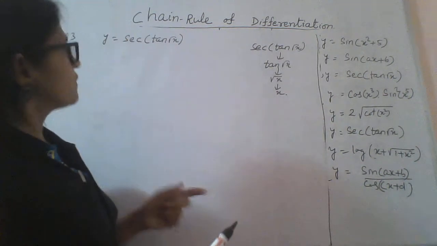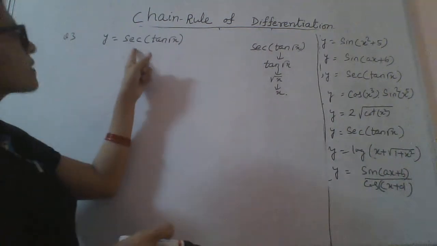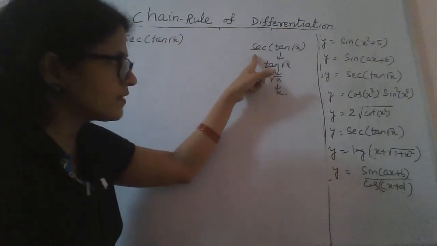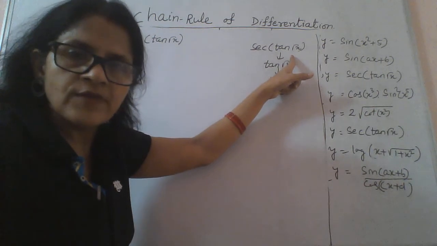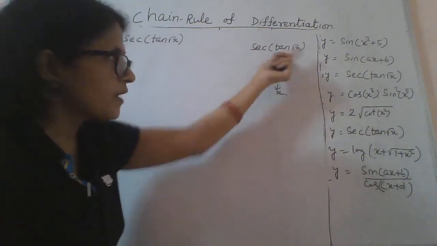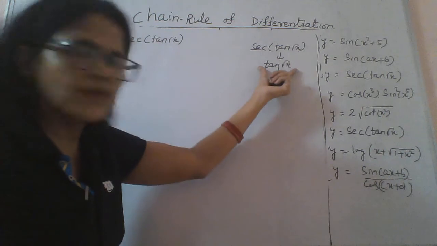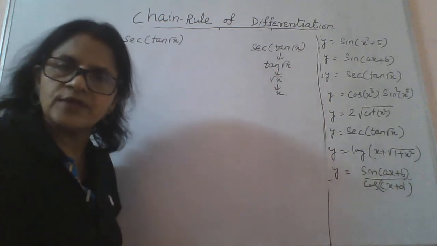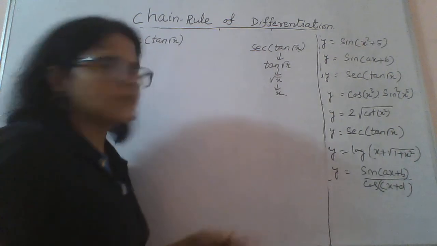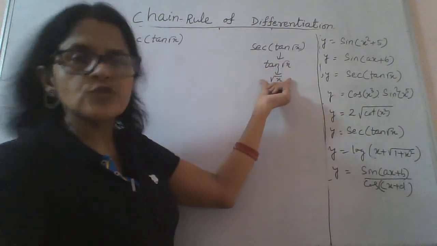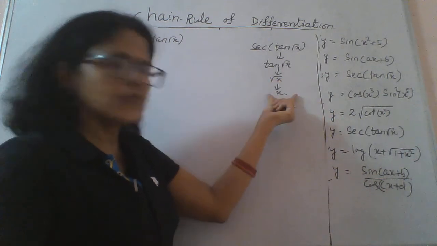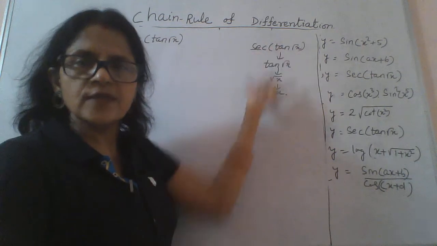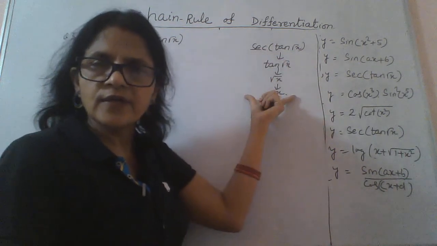So the next question is y equal to sec(tan root x). Again, the first step is to identify what sec(tan root x) is a function of. Sec of tan root x is a function of tan root x; tan root x is a function of root x. Now root x is with respect to x. So once you form this chain, you identify the direct link.